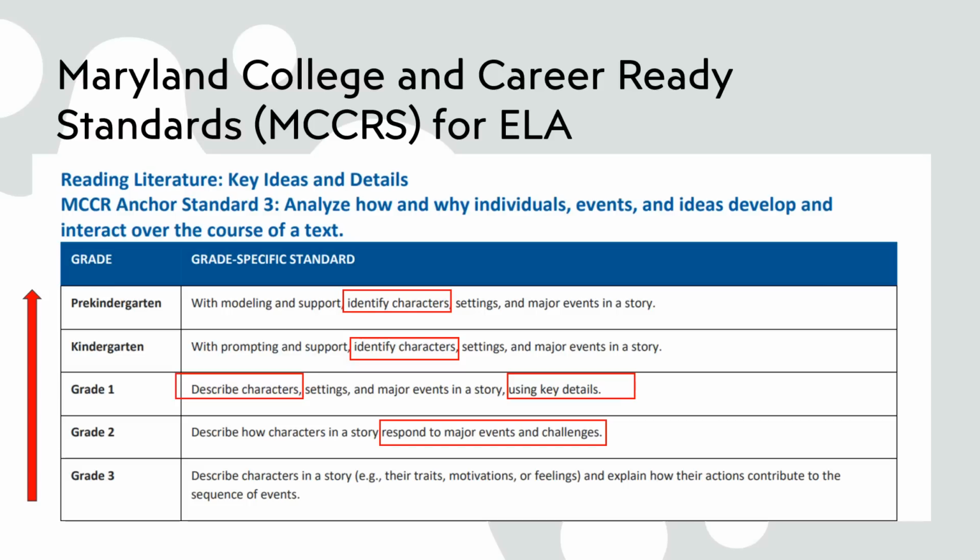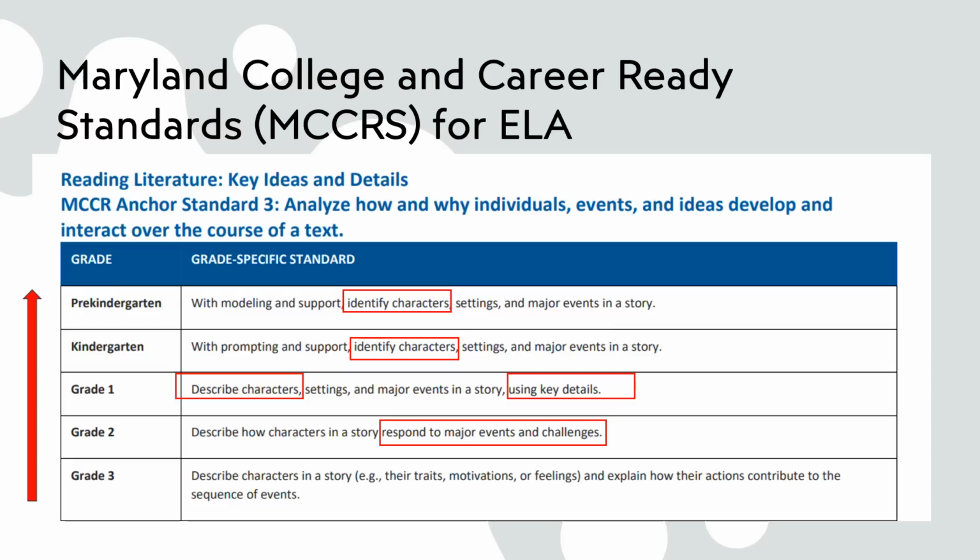When looking on the vertical alignment charts for ELA standards, you can see that Reading Literature Standard 3 begins in pre-kindergarten. The standard becomes more complex each year, and within this CKLA lesson, my students will be taught and assessed on RL 3.3, the 3rd grade level of this standard.